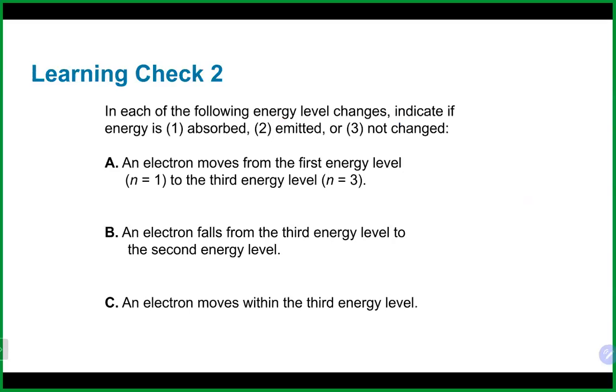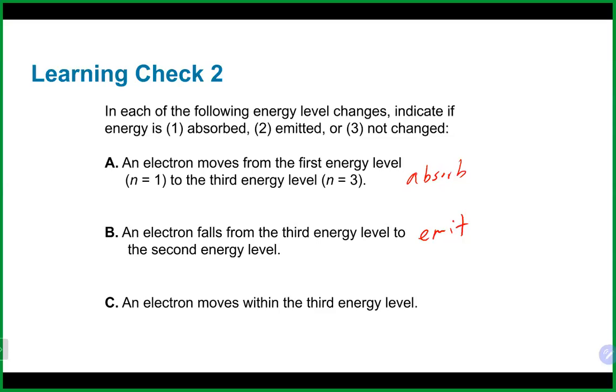All right, so absorbed, emitted, or no change. If an electron moves from the first energy level to the third, so we're going from lower energy to higher, are we absorbing or emitting energy? We've got to absorb energy to do that. An electron goes from the third energy level to the second. It's now dropping energy levels, coming lower in energy, so it would have to emit the energy.